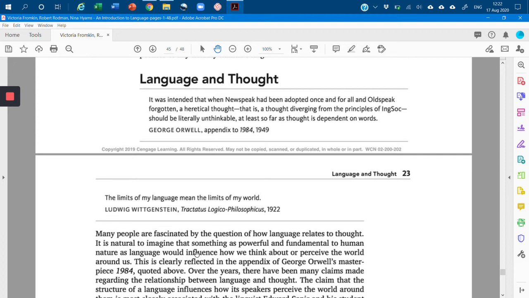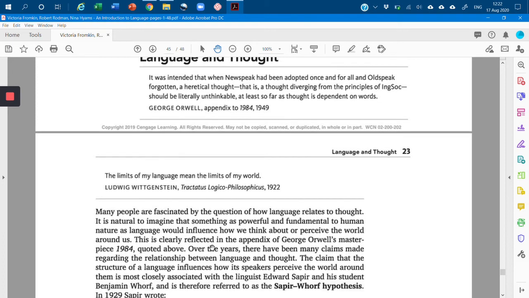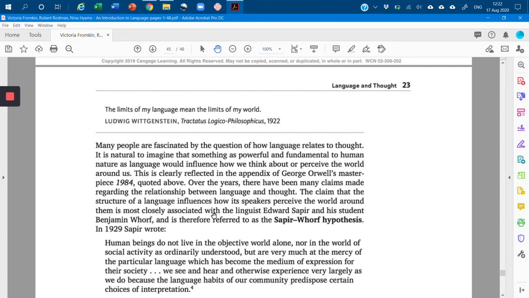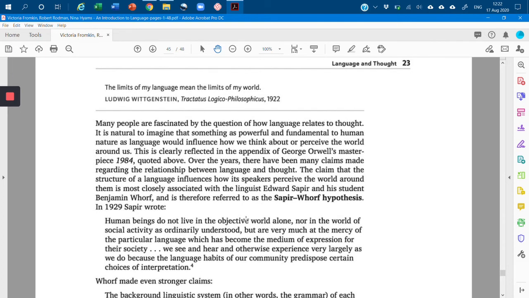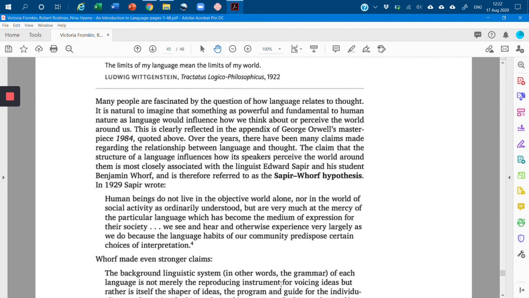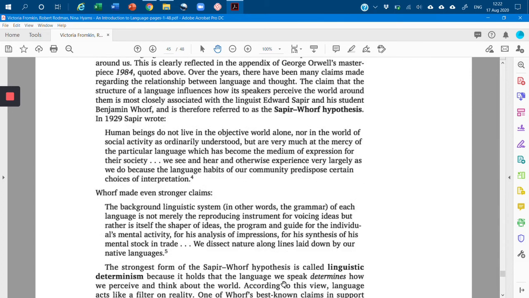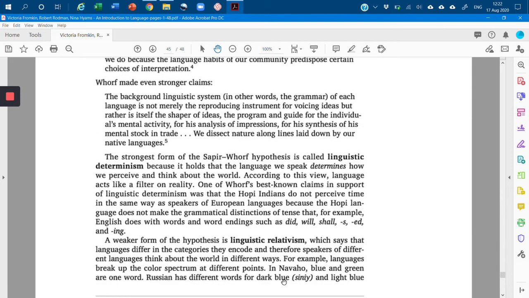Now, for language and thought, we look at the Sapir-Whorf hypothesis, from the linguist Edward Sapir and his student Benjamin Whorf. Basically, they claim that the language you speak determines how we perceive and think about the world.